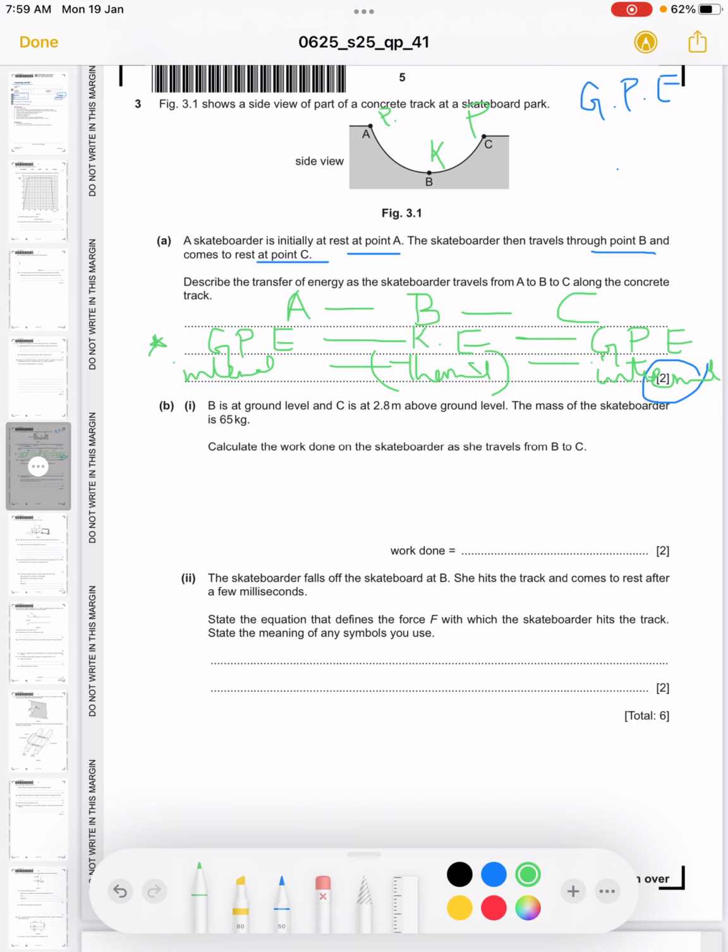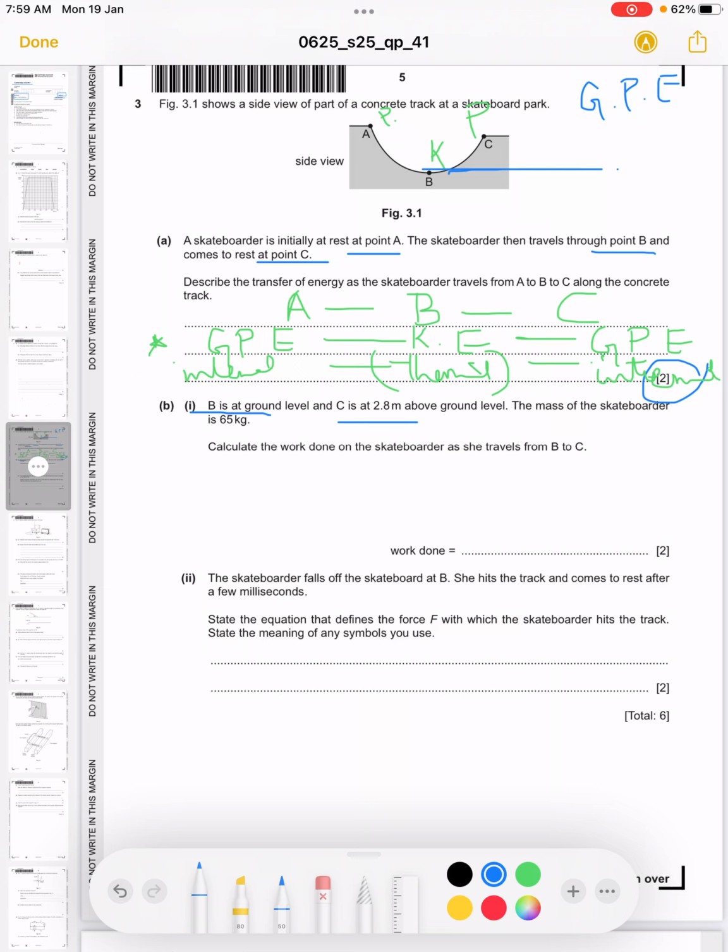Well, now read question number 3, part B. B is at ground level. If this point is our ground level, B is ground, and C is at some height, 2.8 meters.